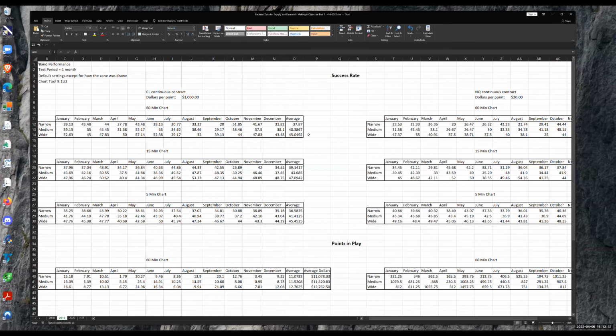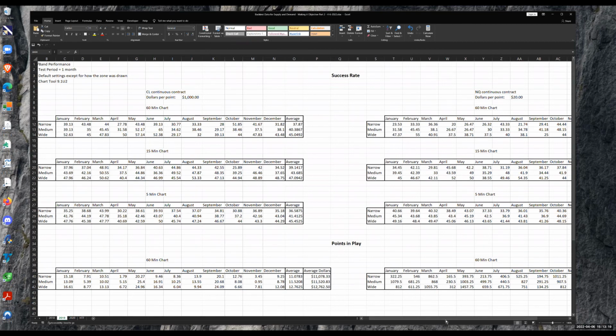If we look at the wide here, the best performer on the 60 was 45%. The 15 was 47. Again, not a big difference. We go down to the 5, it's 45.5, roughly speaking. And again, there's not a lot of difference between the others as well. So again, we're seeing fractal-like performance here on multiple intervals.